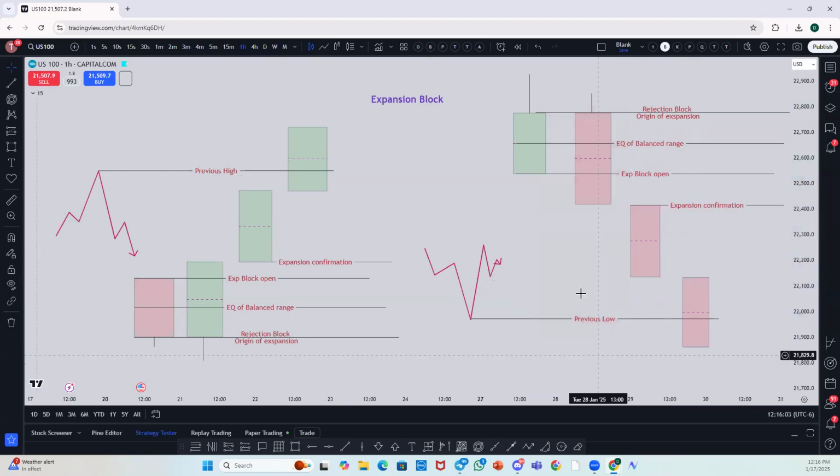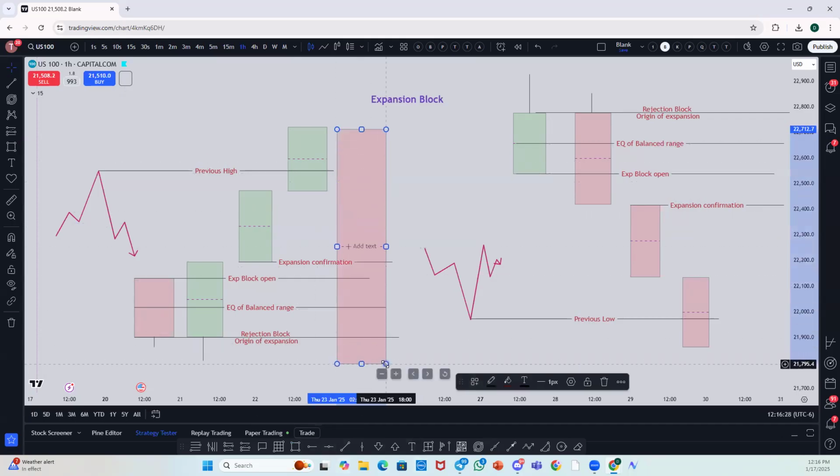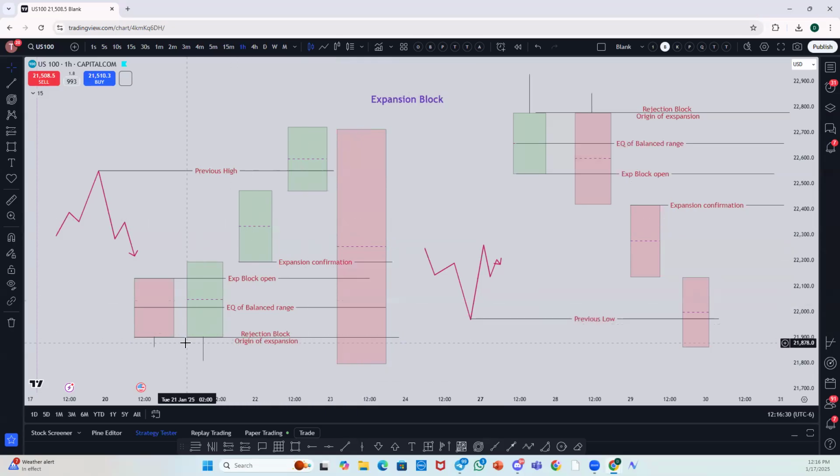Another key point is we must break structure in the form of a 3-candle swing high or swing low. If it fails to do that, then there's not enough money to shift the market or continue it in one direction. And then we look for the low to get taken. If we do come back down and close below these levels, we are now looking for them to act as resistance.